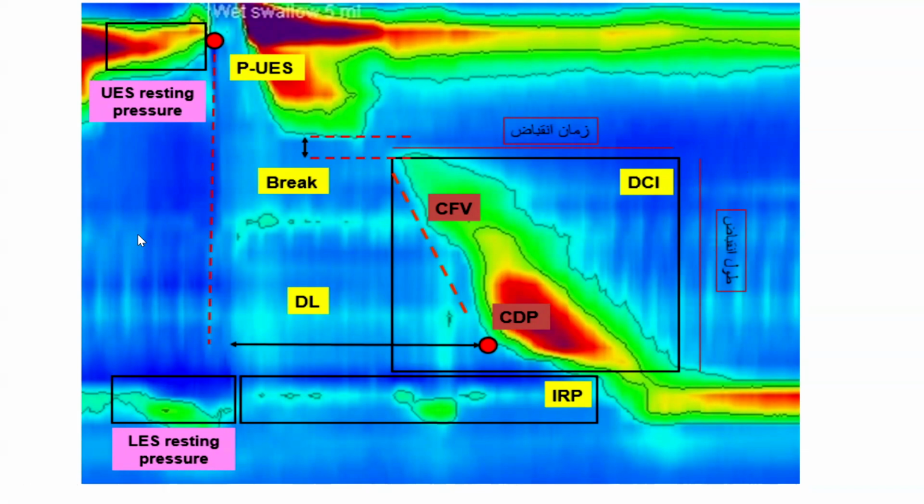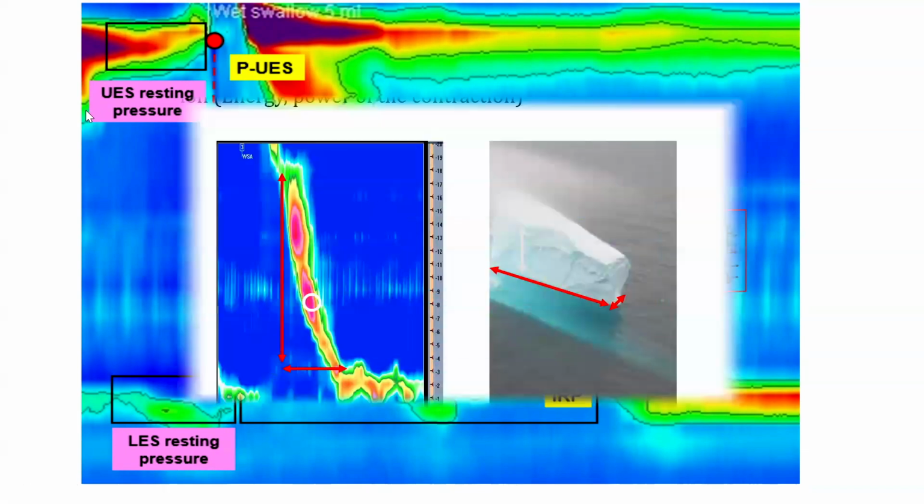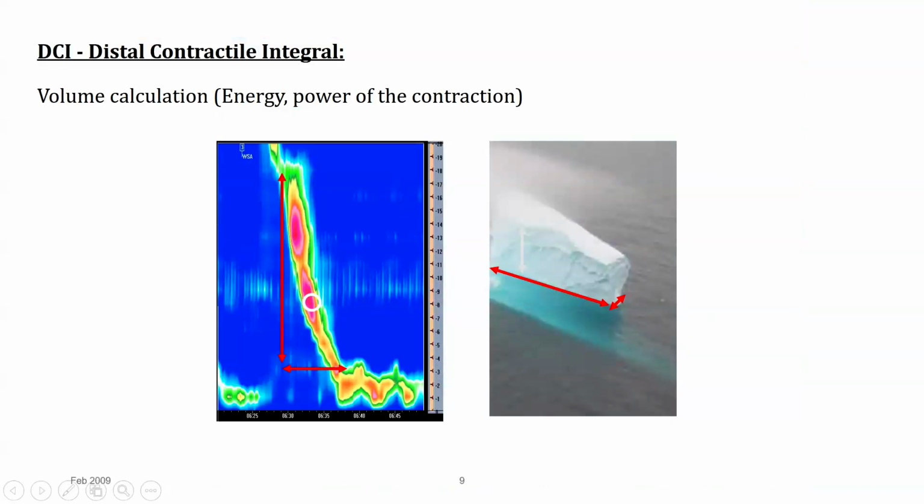Okay, so let's start with the DCI. It is the distal contractile integral. Actually, it's simply a volume calculation. It's like what we are seeing here, like ice mountains. We are measuring the height, the length and the width, like an iceberg in 3D dimensions, and this is the 2D.